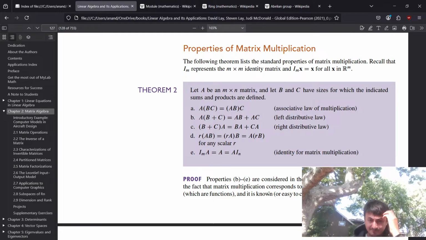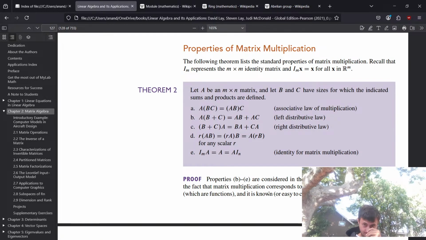So that's A. B is times distributes over plus, right and left.